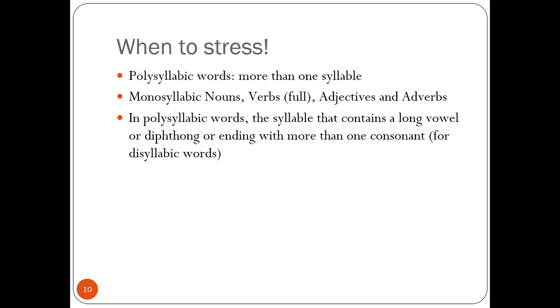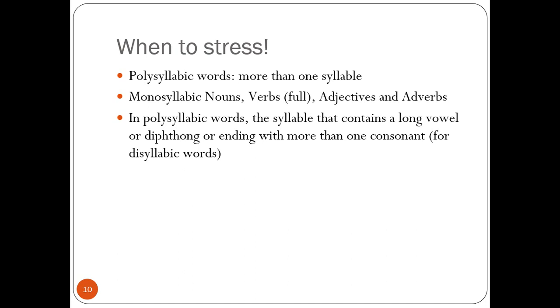In polysyllabic words, the syllable that contains a long vowel or a diphthong, or that ends with more than one consonant, is stressed. It means that if a certain syllable ends with a consonant cluster, then it must be stressed. I'm repeating: there are three conditions or possibilities.